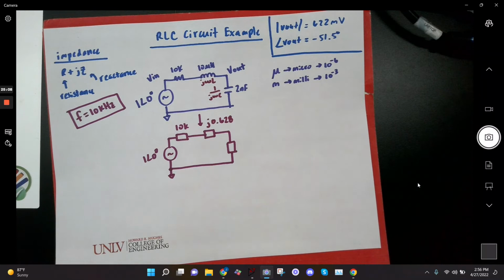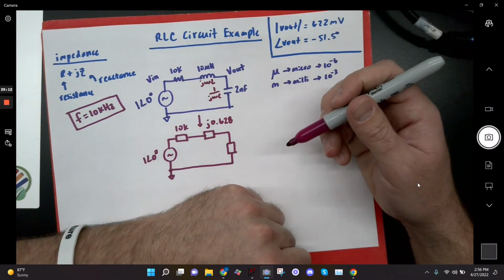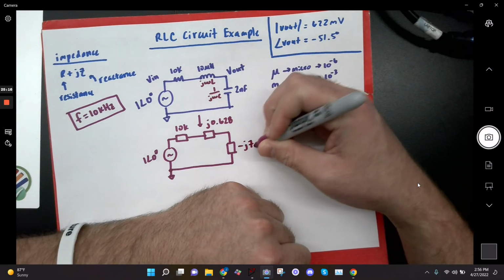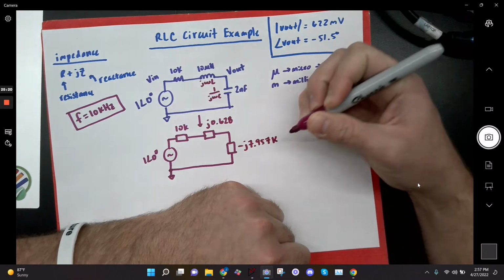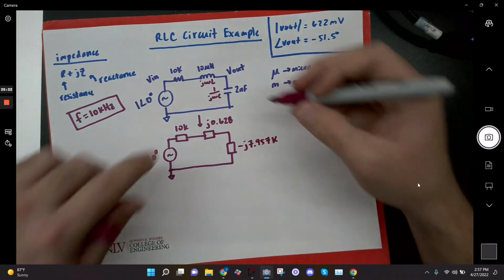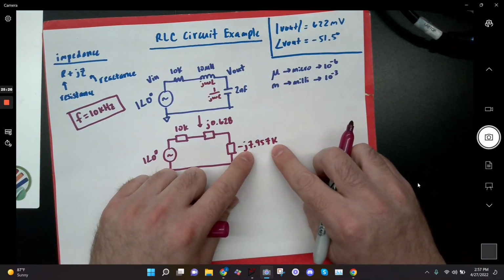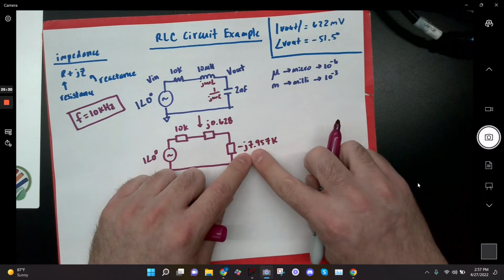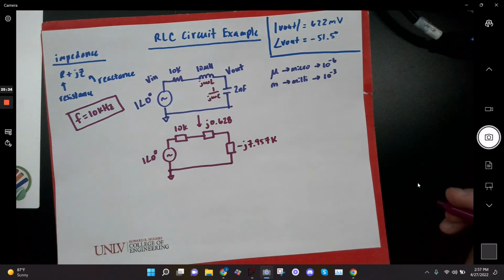So I get 7.957 K. What's negative j? Exactly. When I do 1 over j omega C, I basically end up with 7.957 K over j, and 1 over j is equal to minus j, so I write it like this. Right? Okay.